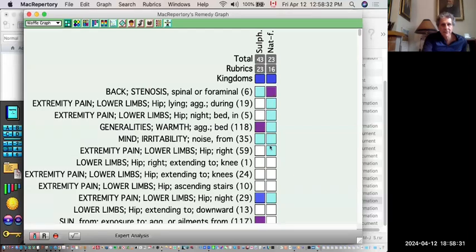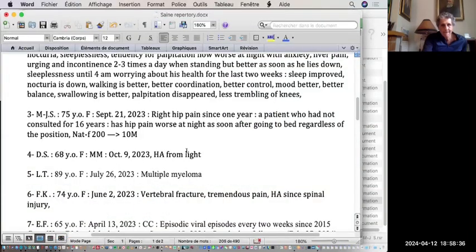So I did give her Natrium fluoratum 200. I just had a follow-up, actually the last patient before the webinar began, so her case would be right here.